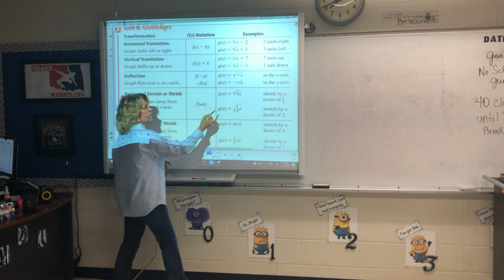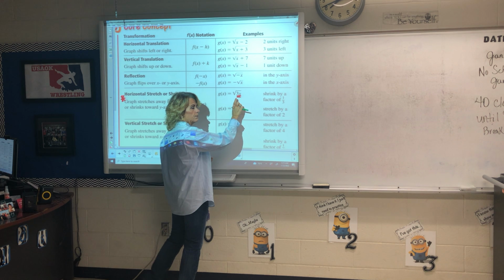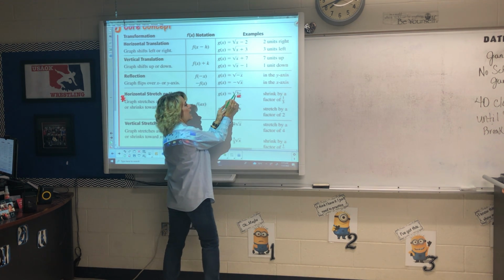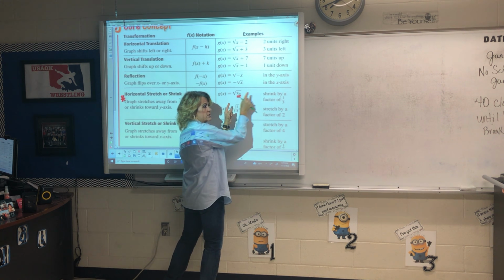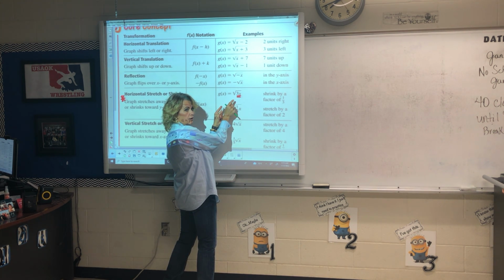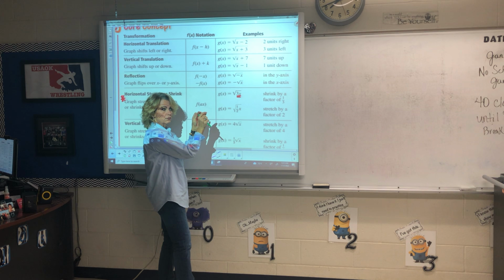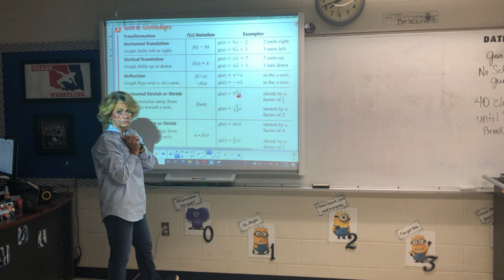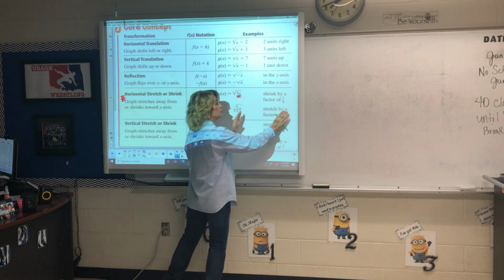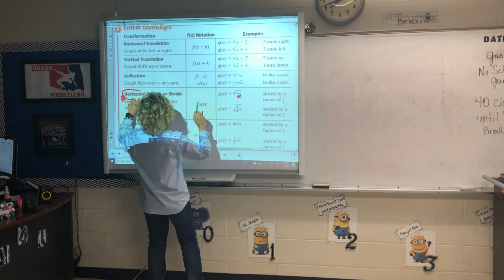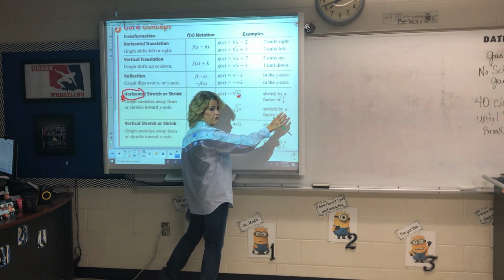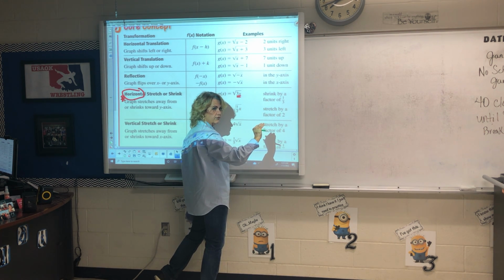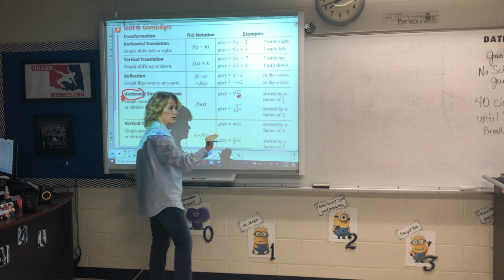It's grouped with x, yes or no? A shrink by a factor of 1/3 means I would group it with x and use the reciprocal. We didn't emphasize it a lot, but we are going to be working with it a lot now. And again, a horizontal stretch by a factor of 2, the reciprocal of 2 would be 1/2. Questions here?